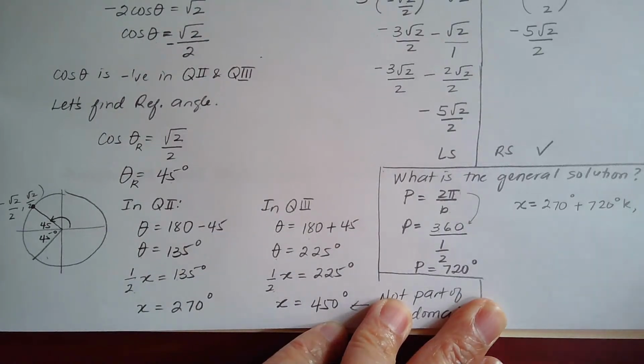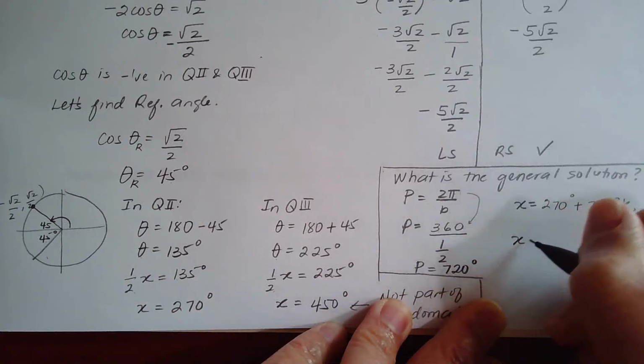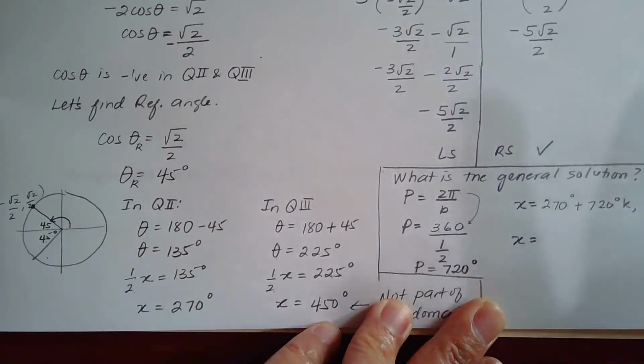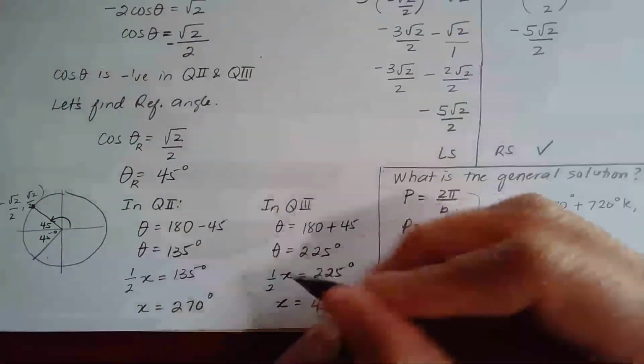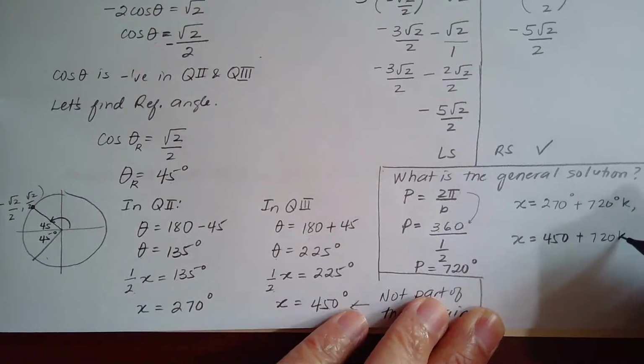That's one solution. And then the other solution, remember, if this is a general solution, that means we're going to consider everything. So x equals 450, right? That's this one here, plus the period, 720 degrees times k, where k is an element of the integers.